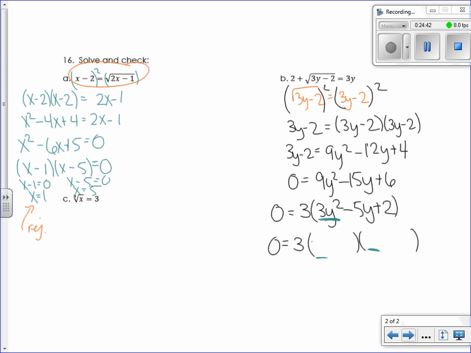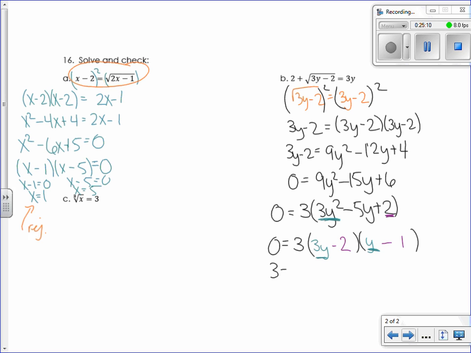Well, there's only one guess for that, and that's 3y and y. The ends are things that multiply to positive 2. Well, that's just going to be positive 2 and positive 1, or negative 2 and negative 1. And you might need to do some guess and check of which goes where. But this is going to be minus 2 and this is going to be minus 1.